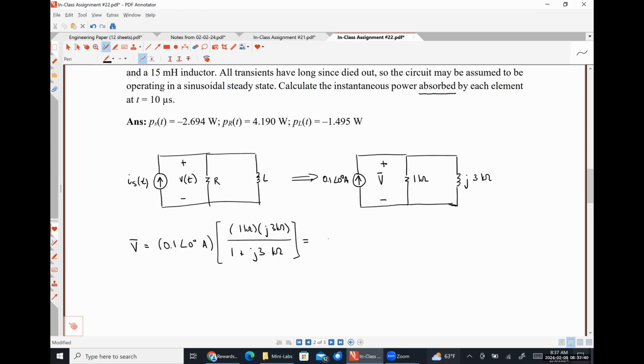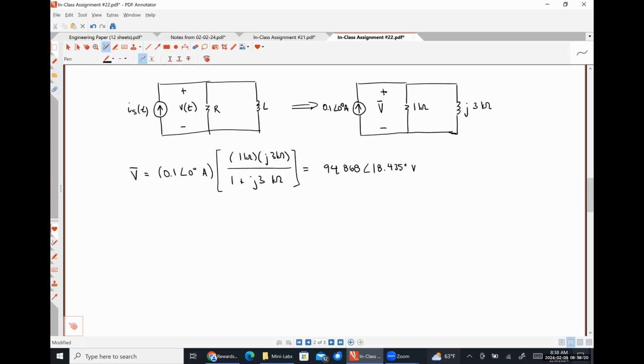So I got 94.868 with an angle of 18.435 degrees volts. All right, so which element do you guys want to determine the instantaneous power for first? The inductor. Camden said inductor first, so let's do that one.